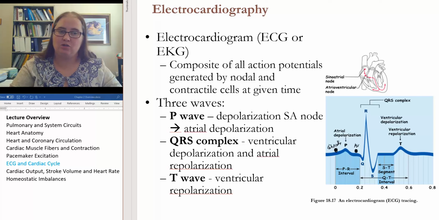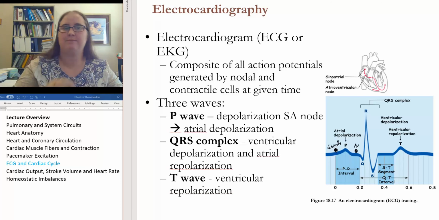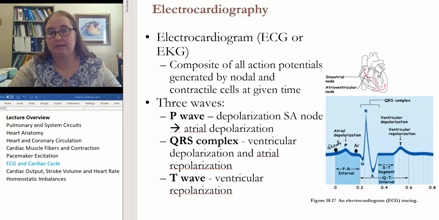Now, the reason you don't see the AV node and the SA node in this signal is because there's such a small population, such a small electrical signal in comparison to the enormity of the heart itself, okay? So we have ventricular depolarization, but also in this profile, we have atrial repolarization. So both of those events occur in this window of the QRS complex.